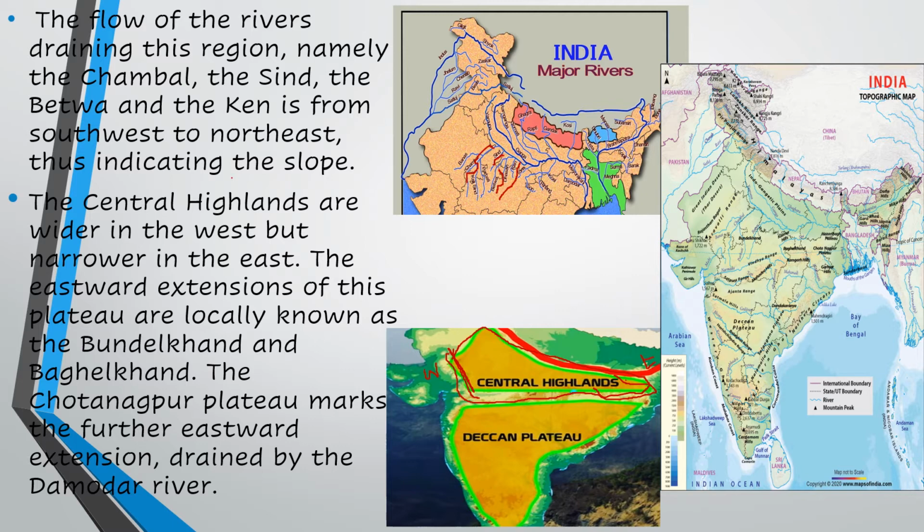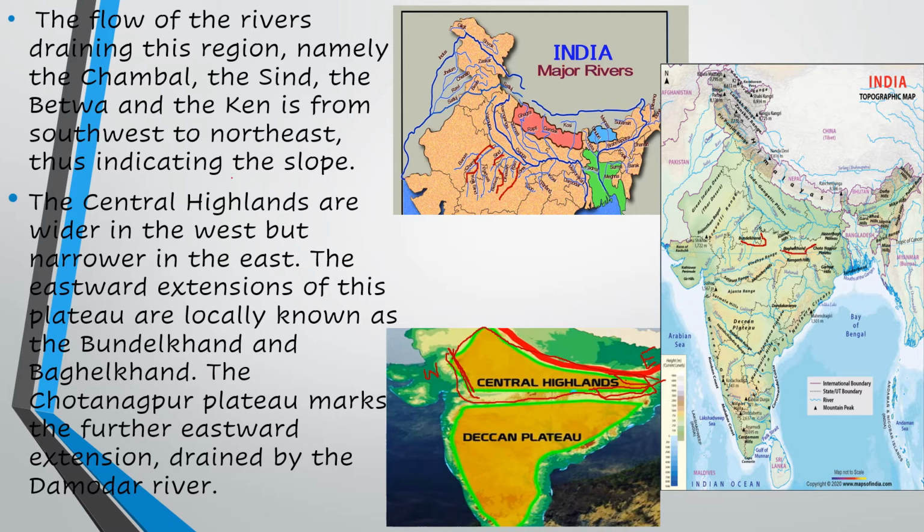The eastward extension of this plateau is known as Bundelkhand and Bhagelkhand. So this particular narrow portion, the eastward extension of this plateau, you can see in this map, is known as the Bundelkhand and the Bhagelkhand.